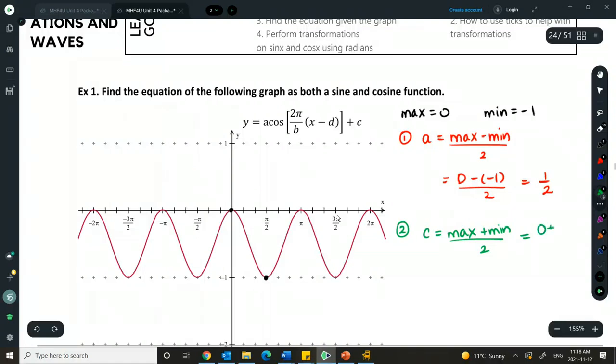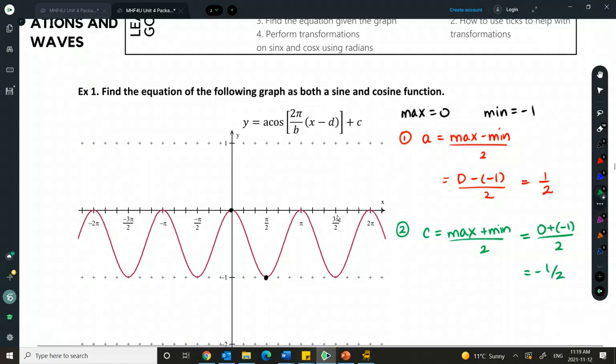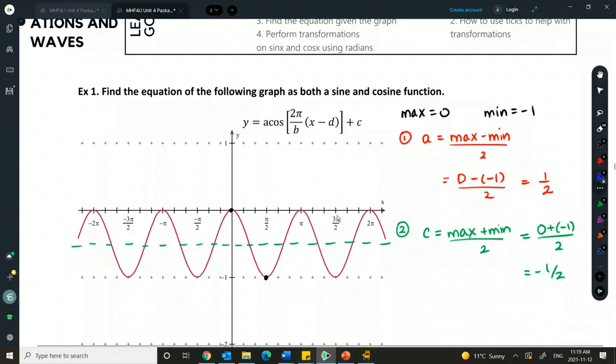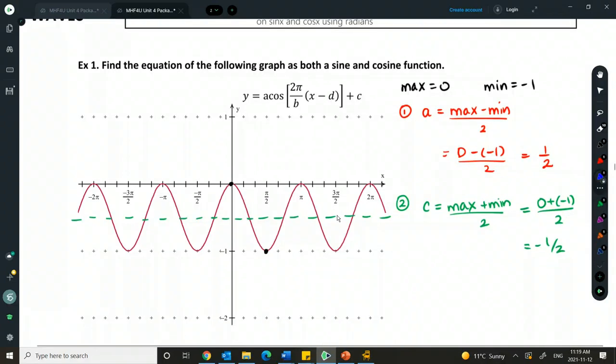So 0 plus -1 over 2 gives us -1/2. And I'm just going to pencil this in here. We'll have to estimate where that is, which is okay. Okay. Next step.